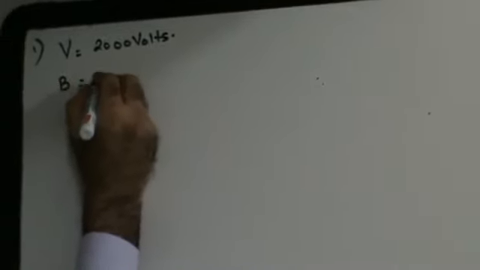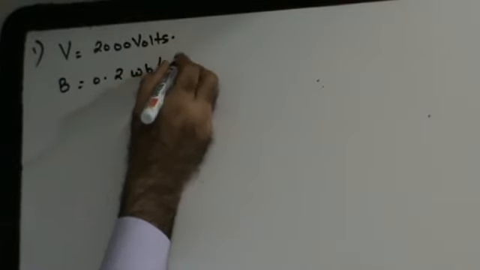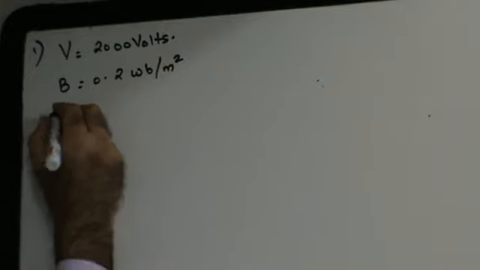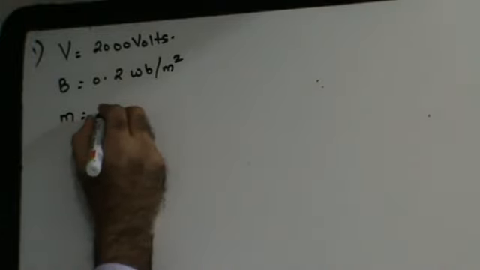An electron is accelerated through a potential difference of 2000 volts in a magnetic field of 0.2 Webers per meter square.